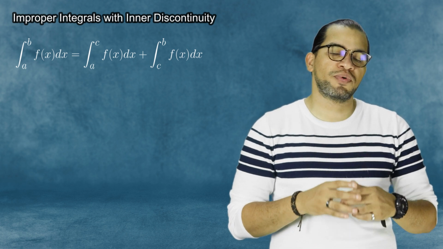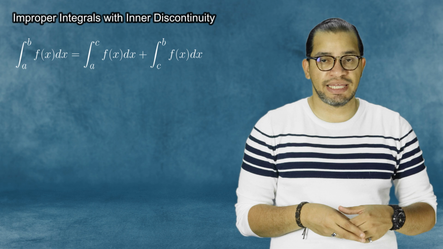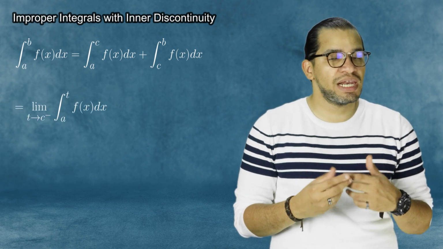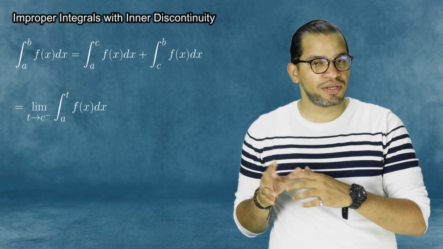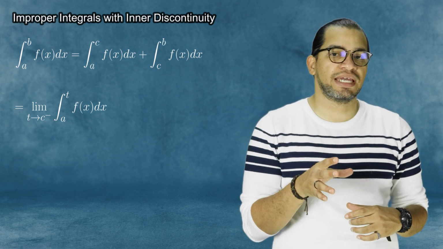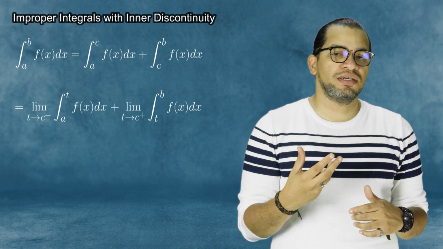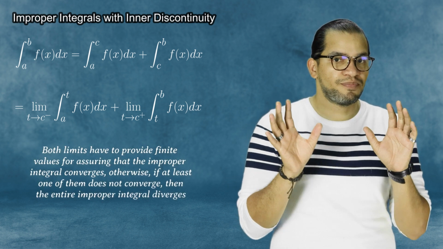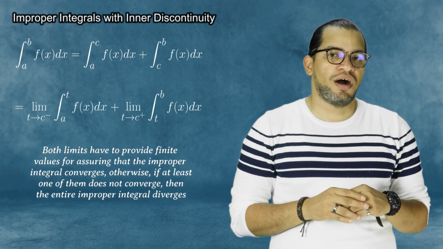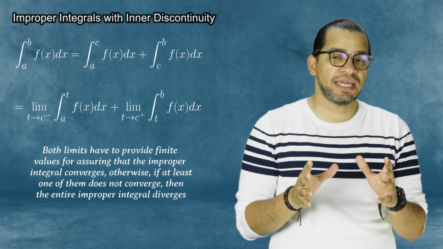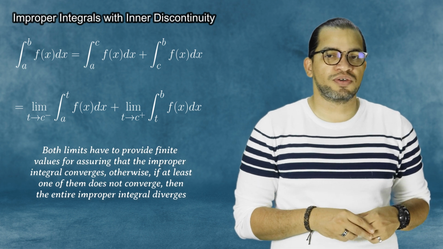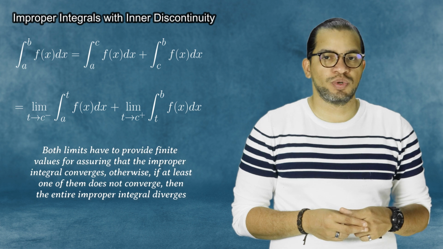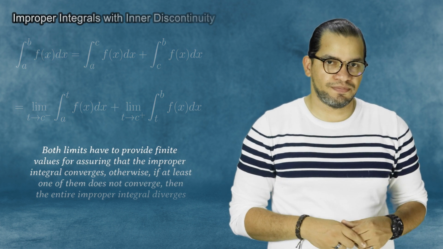For the first improper integral, we have to take the limit when t goes to c from the left, and for the second improper integral, we need to take the limit when t goes to c from the right. If both limits are finite, then we say that the improper integral converges. If not, we say that it diverges.